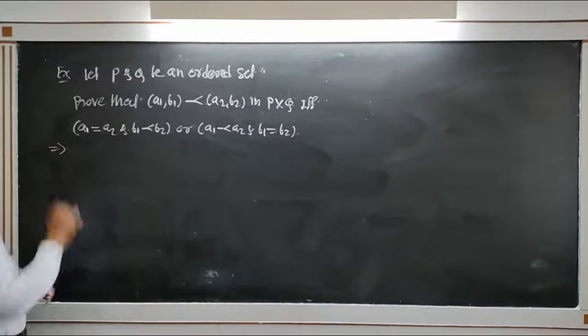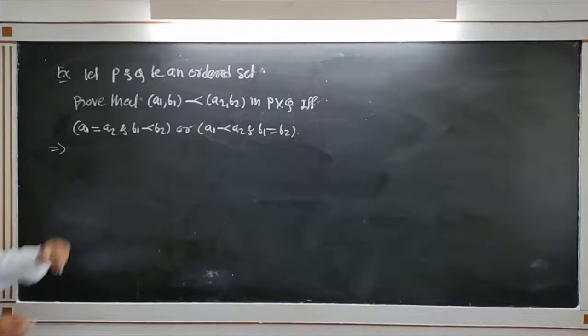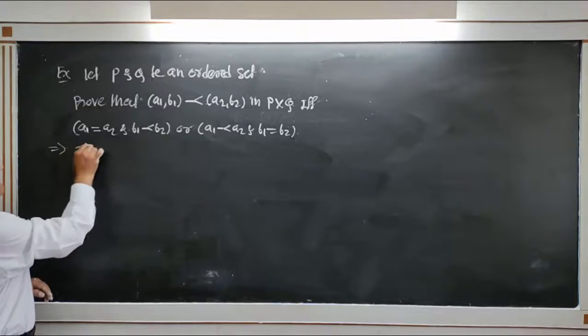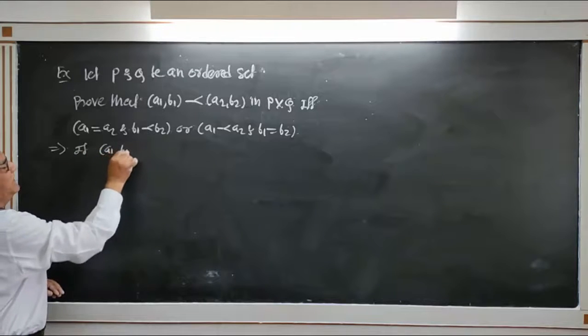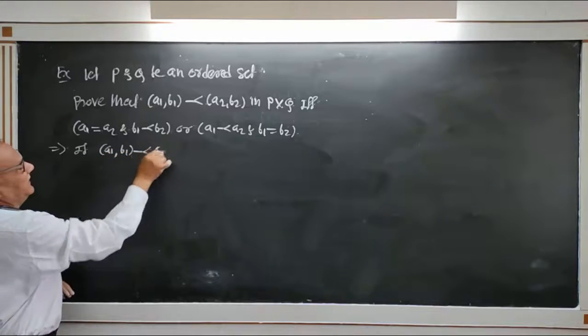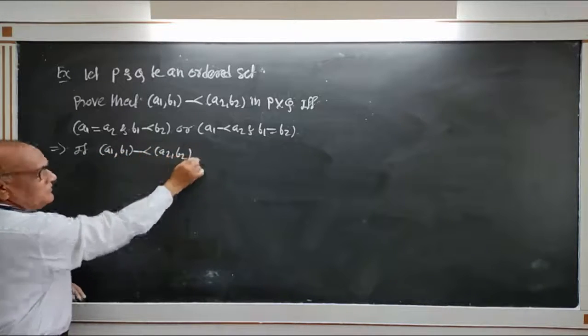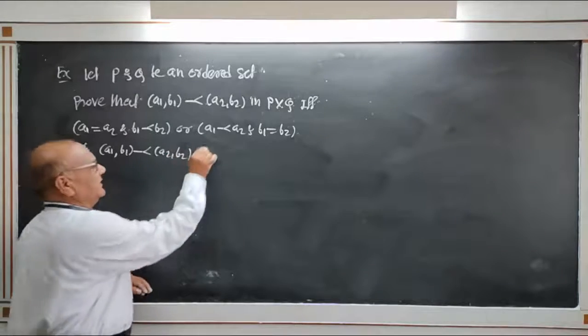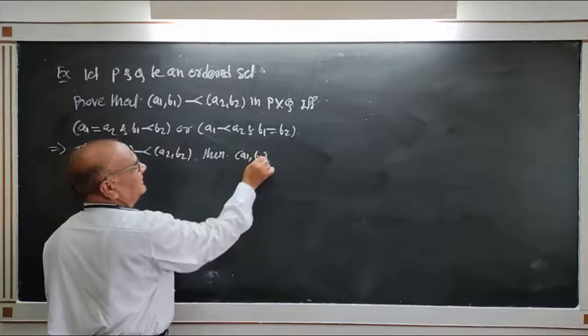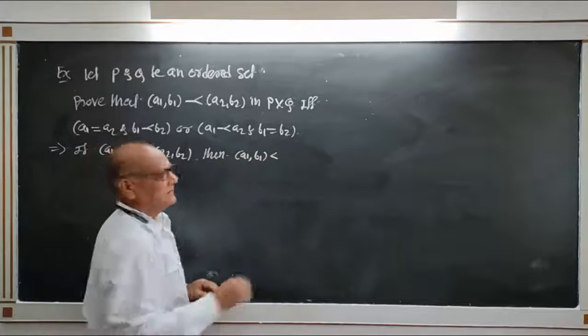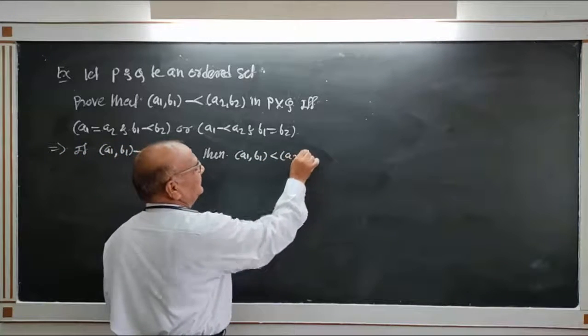See here, if (A1, B1) is covered by (A2, B2), then (A1, B1) is strictly related to (A2, B2).